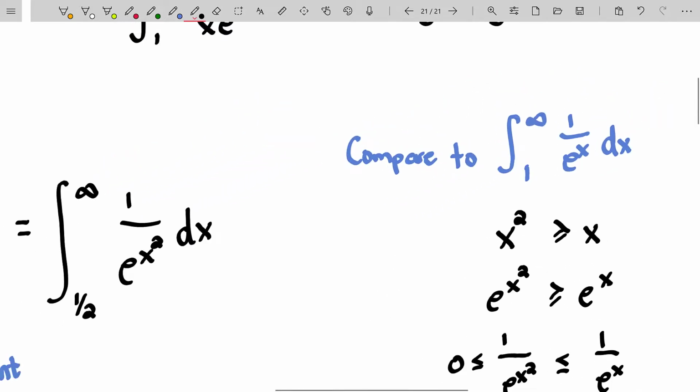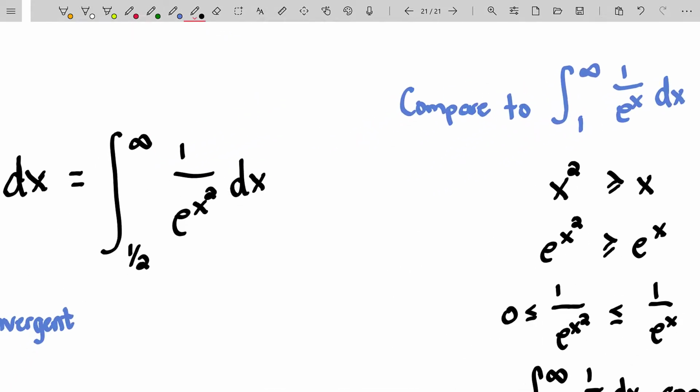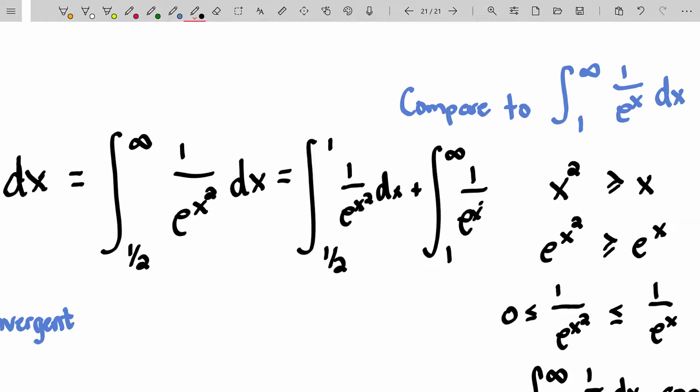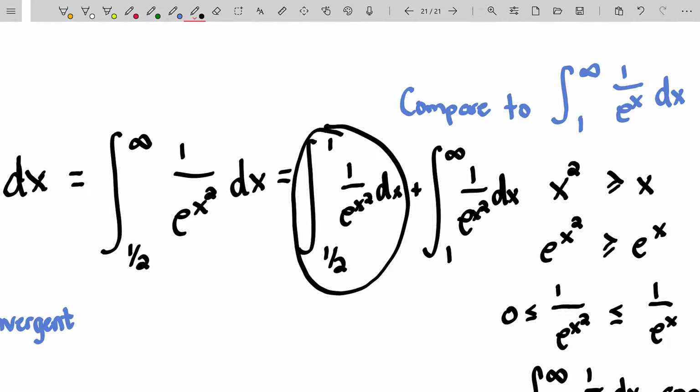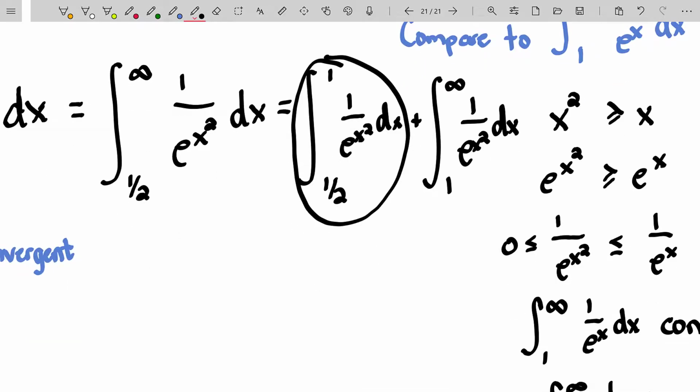The reason why is because I know that this integral splits into a proper definite integral and an improper integral. And I happen to know this area right here because there's no domain issues over the region 1/2 to 1 for the function in question.